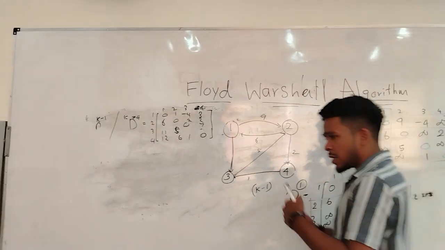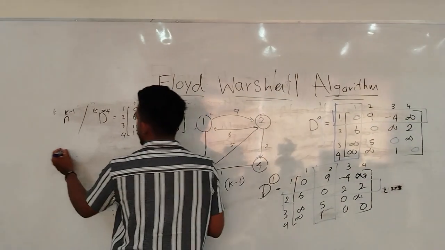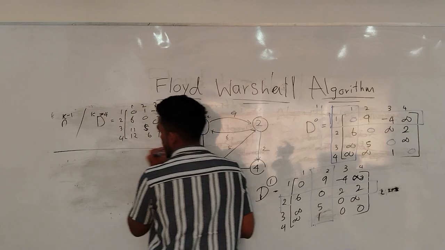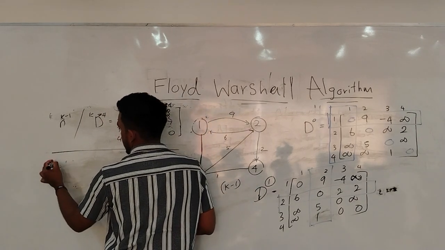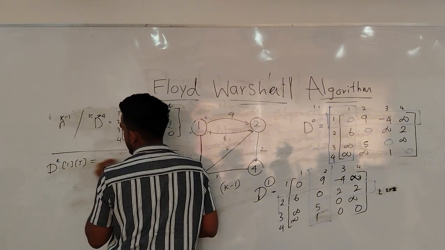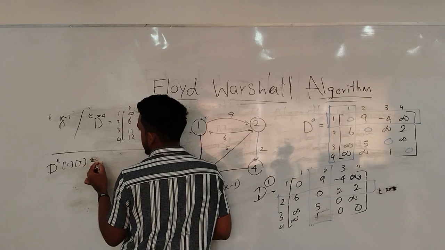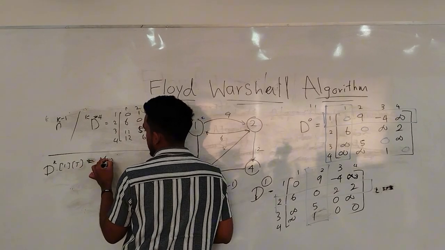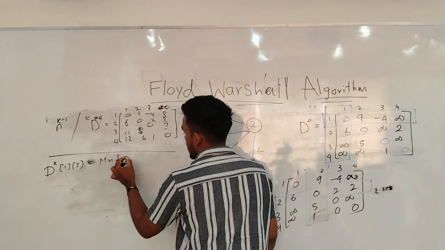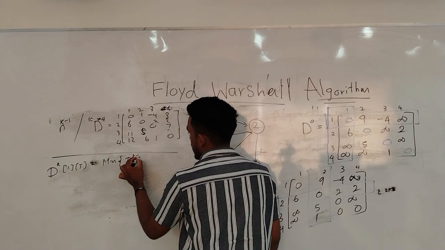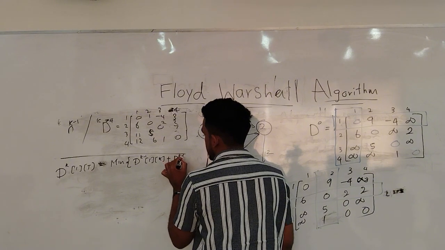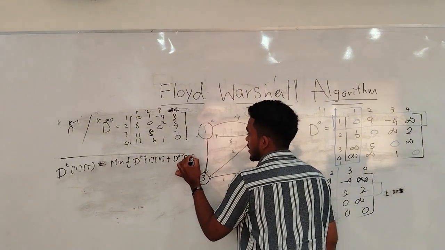So finally, the formula for this is to find d k i j equals the minimum value of d k minus 1 i j, and d k minus 1 i k plus d k minus 1 k j.